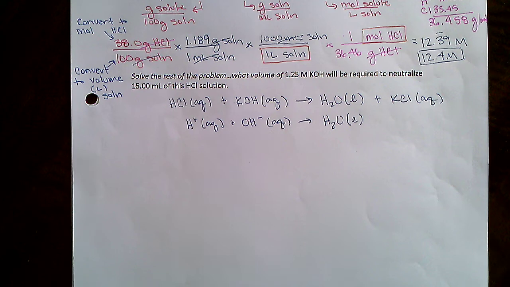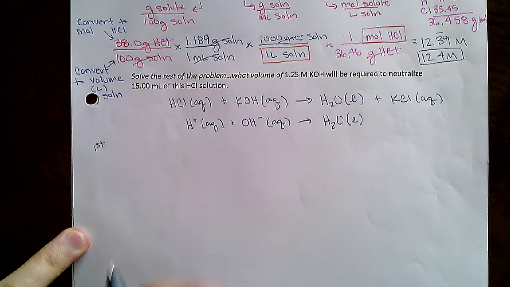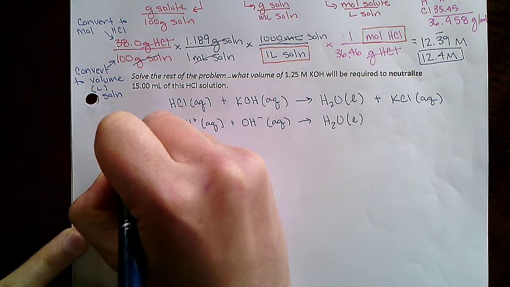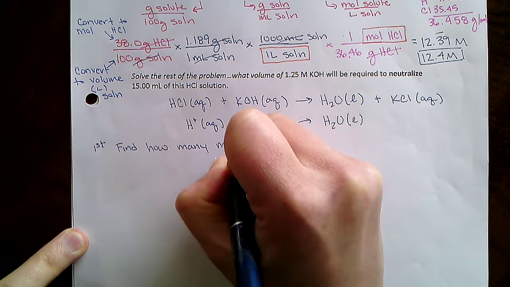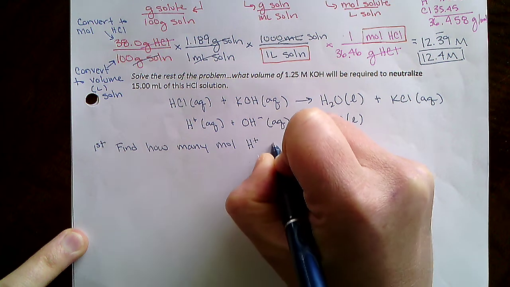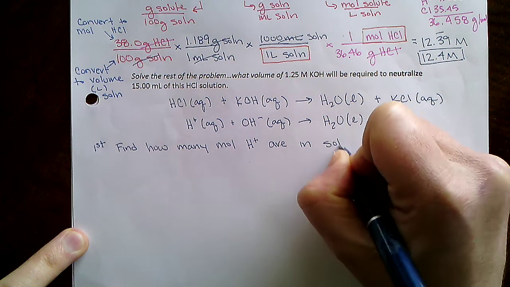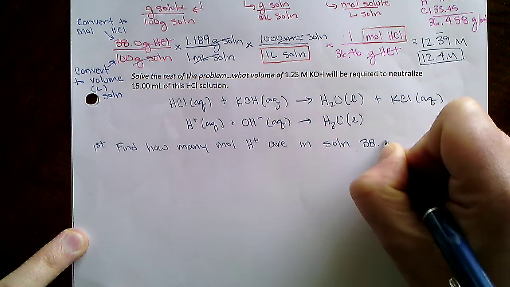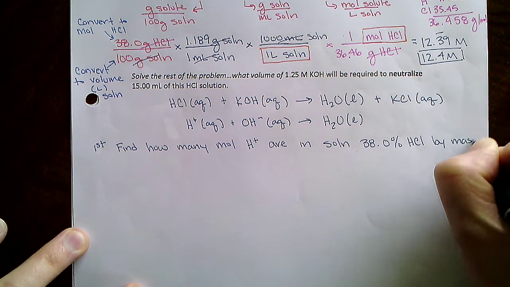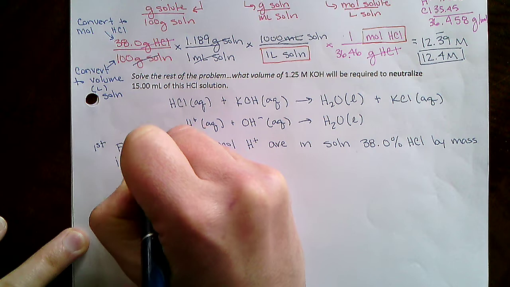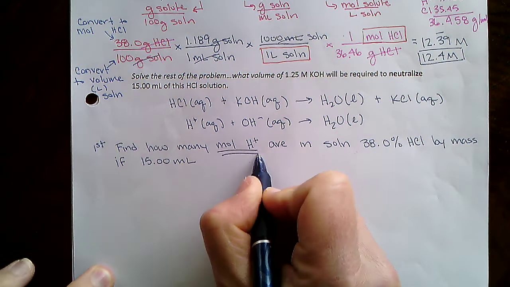So your first step is really to find how many moles of H plus are in the solution that's 38.0% HCl by mass, if you have 15.00 milliliters of it like they asked for. So again, how many moles?